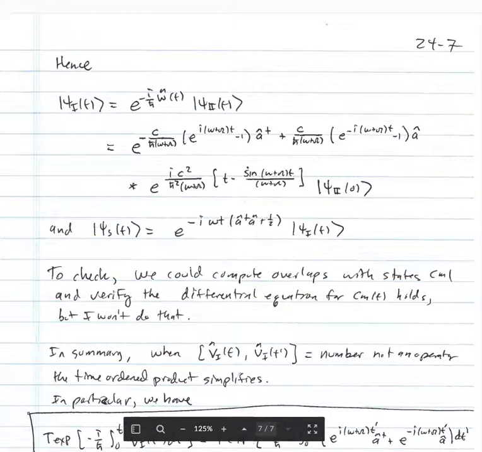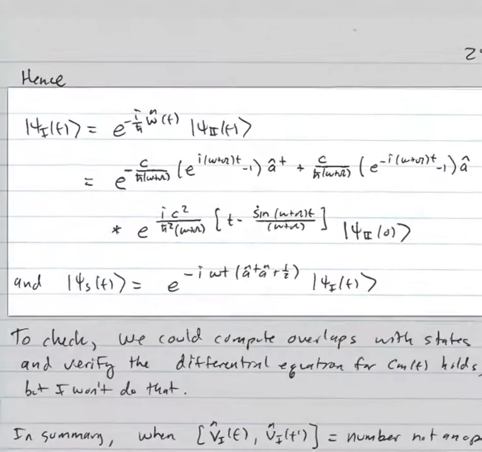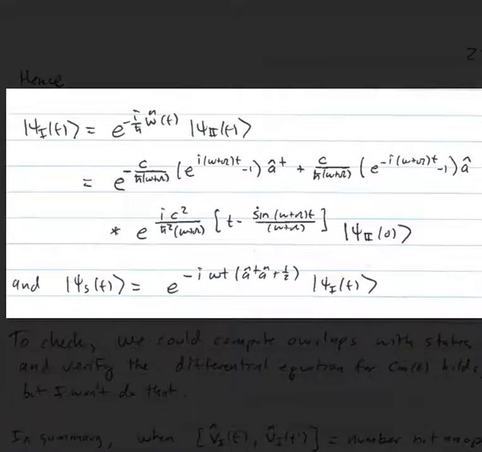Now, going back to our relationship between psi 1 of t and psi 2 of t, we see psi 1 of t is e to the minus i/ħ w of t times psi 2 of t. We plug in what w of t is, and we get this operator expression: e to the minus c/ħ(ω+Ω), e to the i(ω+Ω)t minus 1, multiplied by a dagger, plus c/ħ(ω+Ω), e to the minus i(ω+Ω)t minus 1, multiplied by a.